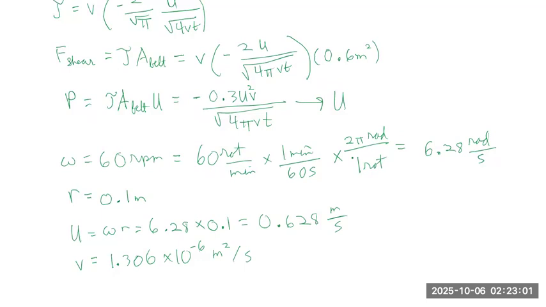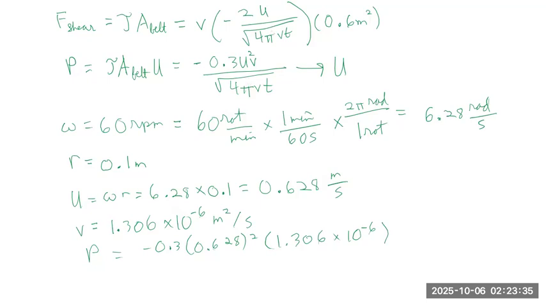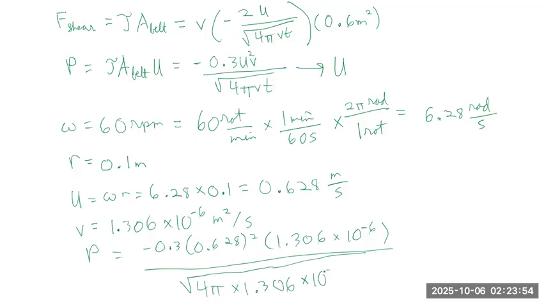Now it is finally time to plug in all known values. So the power is equal to negative 0.3 times 0.628 squared times 1.306 times 10 to the negative 6, and all this over the square root of 4 pi times 1.306 times 10 to the negative 6.